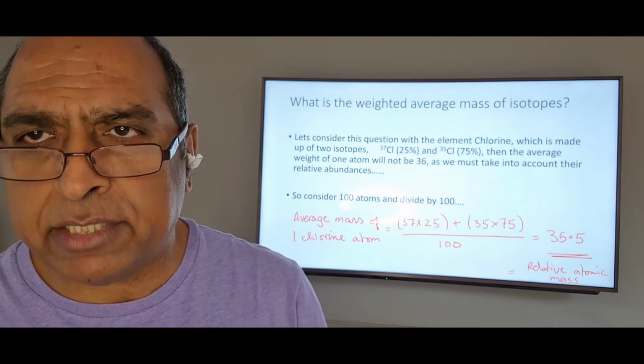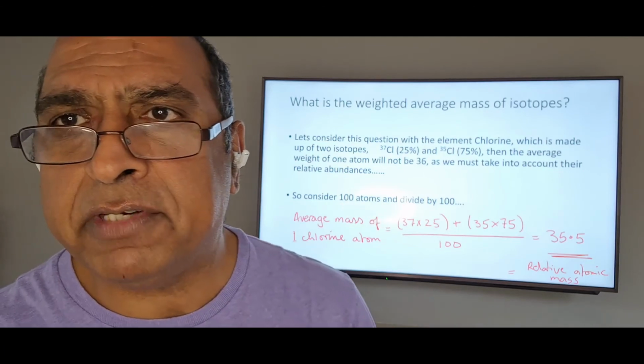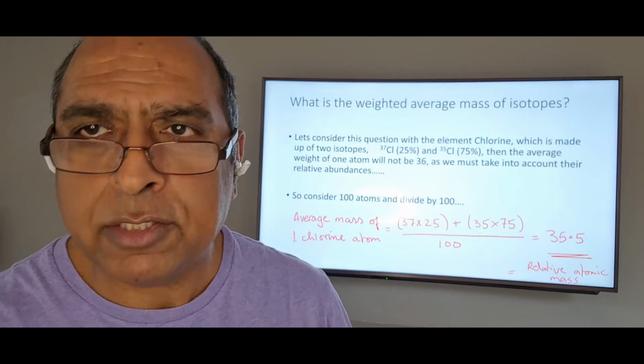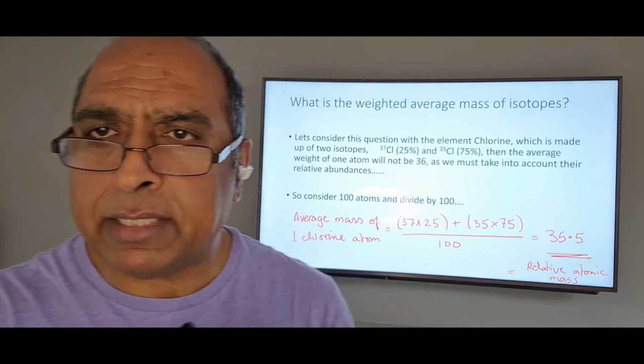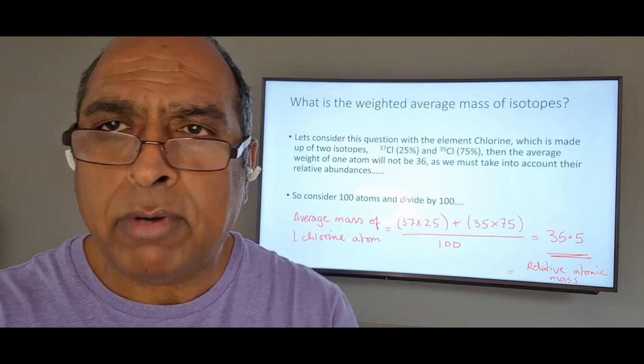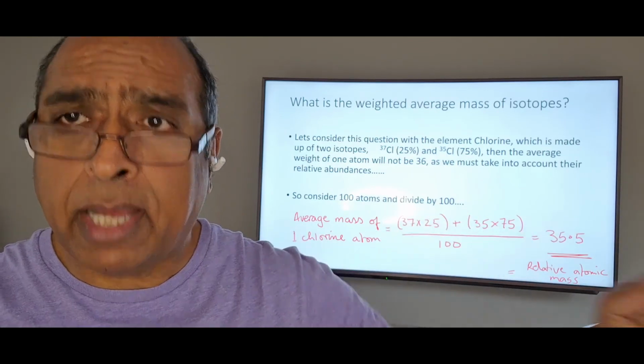So let's convert to percentages. Out of 100%, which is 4, 3 is 75% for the lighter one, 25% the heavier one, and then the weighted average calculation is done by writing the mass of 100 atoms across the top and dividing by 100.